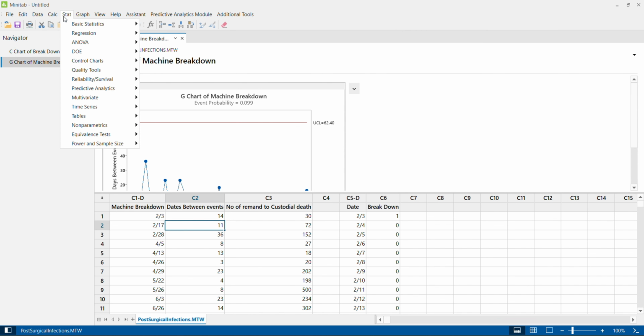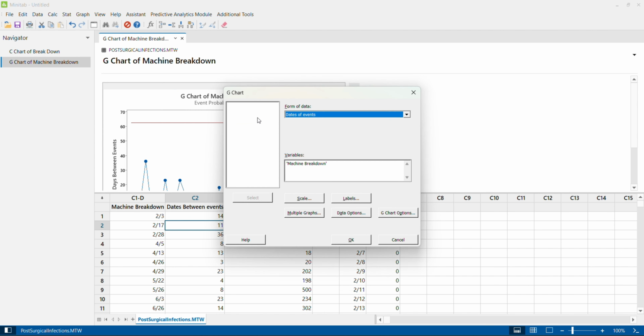So I click on Stat, go to Control Charts, go to Rare Event Charts, and in this I select the G chart. I select number of opportunities. As I told you, when I select number of opportunities, you will have two options. One is opportunity counting 0, 1, 2, 3, which means you are counting the event date also.